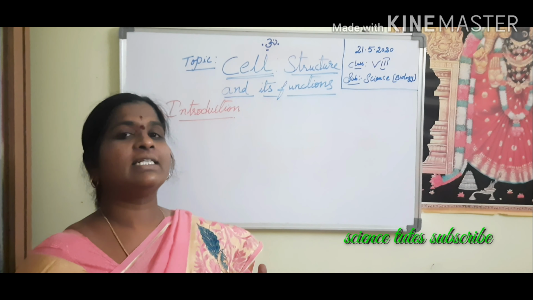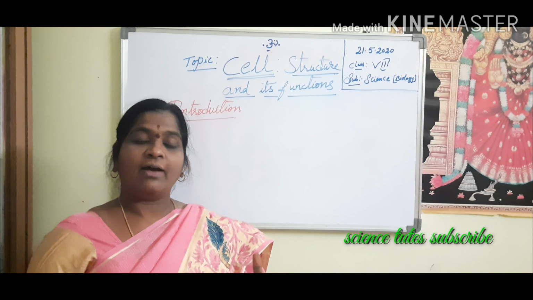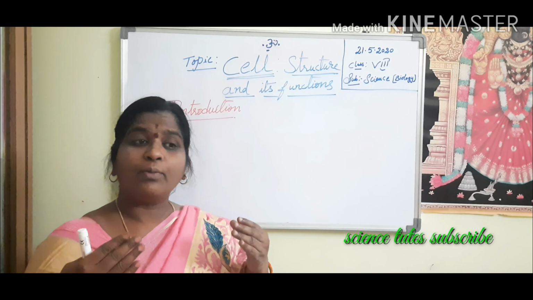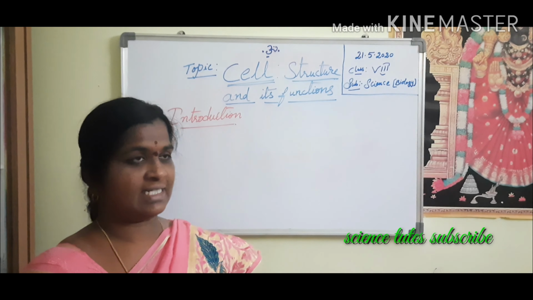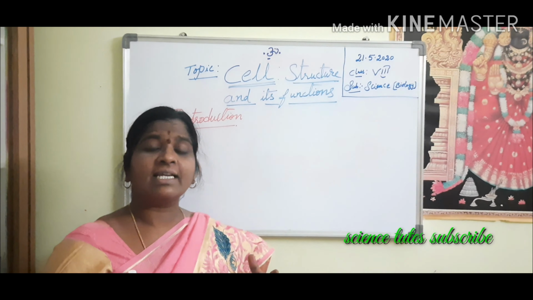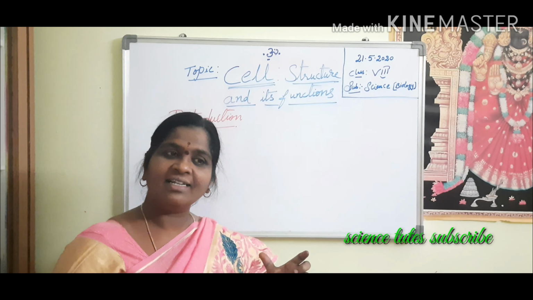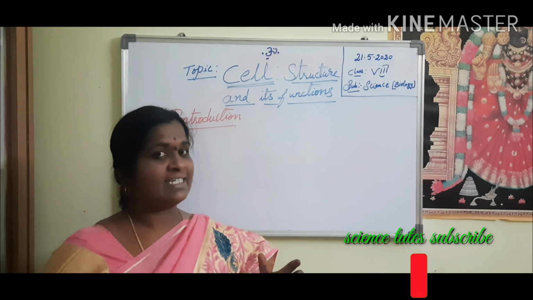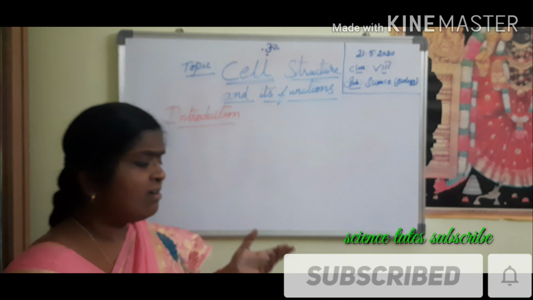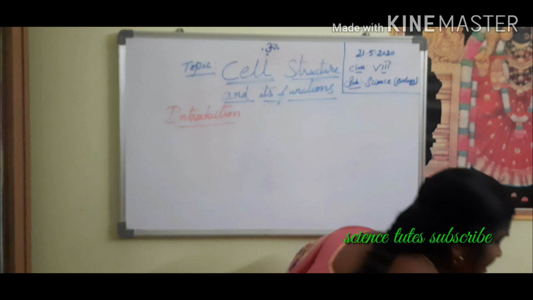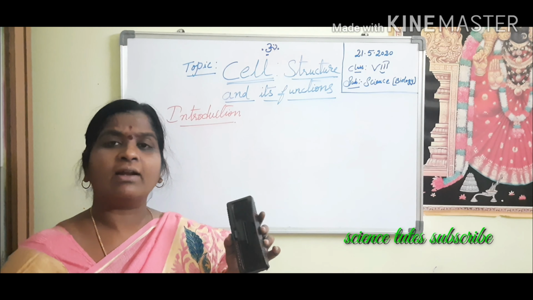Whereas non-living things like soil, air, water, the things that cannot move on their own, those are nothing but non-living things. But living things can do some basic functions like respiration, excretion, digestion, growth and movement. Whereas non-living things cannot move, they cannot respire, they cannot digest.